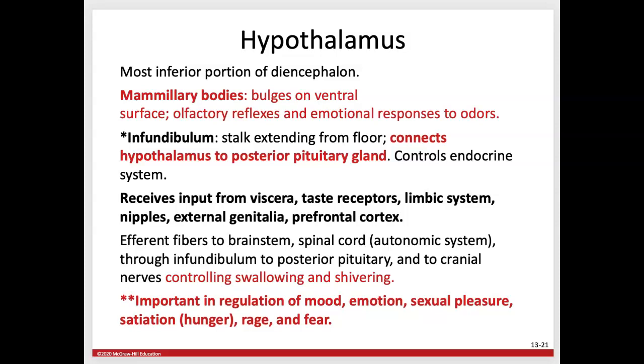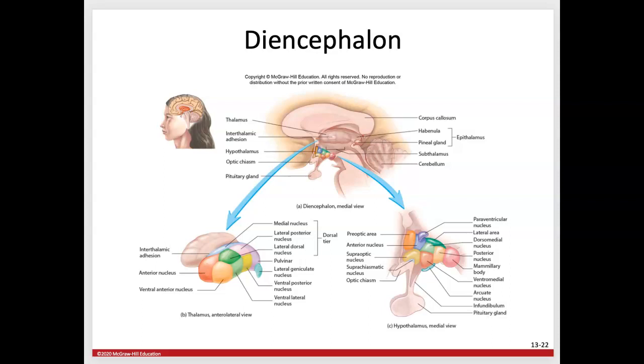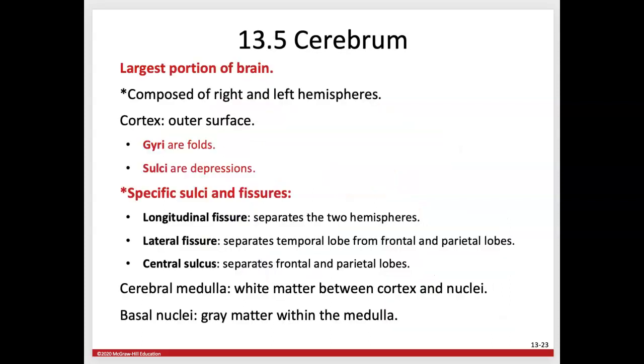The hypothalamus is important in regard to regulation of mood, emotion, sexual pleasure, satiation, which is hunger, rage, and fear. All right, so we are going to stop here and pick up on the cerebrum.